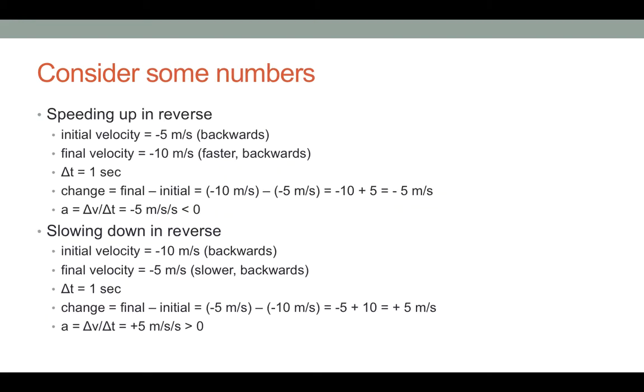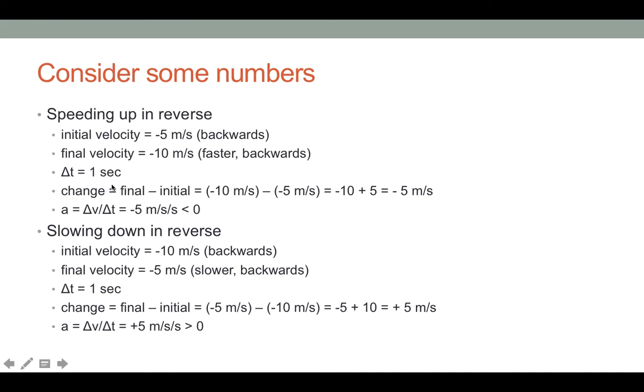Now we can consider some numbers. And since the confusing points usually are when you're in reverse, let's consider calculating the acceleration when you're speeding up in reverse. We'll take an example. Your initial velocity is 5 meters per second, but it's backwards, so we'll slap a minus sign to indicate the direction. Your final velocity is faster at 10 meters per second, but it's still backwards, so it still has a negative sign in front.